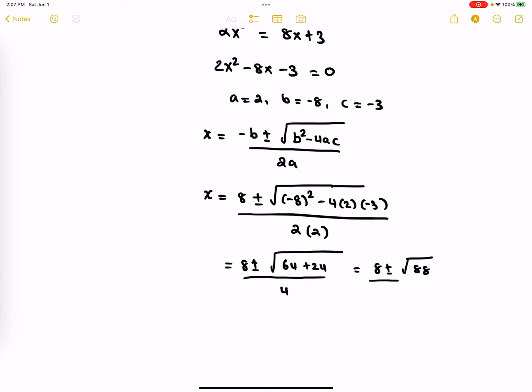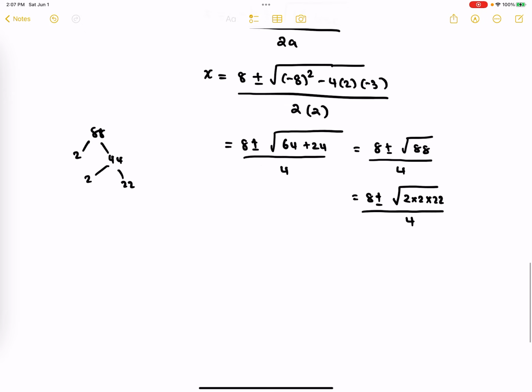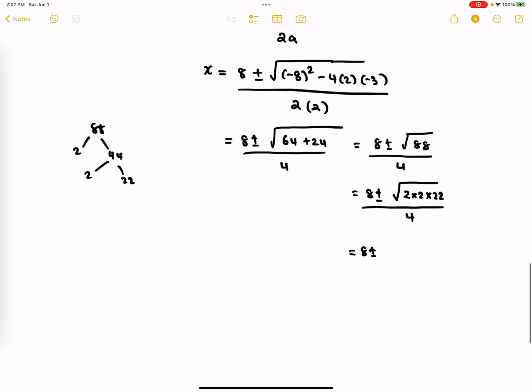Now I can write this one as 8 plus or minus the square root of 64 plus 24, which is 88, over 4. Like I said, 88 can be divided by 2, it is 44, divided by 2 it is 22. So 8 plus or minus 2 root 22, because root 22 is not a perfect square, divided by 4.